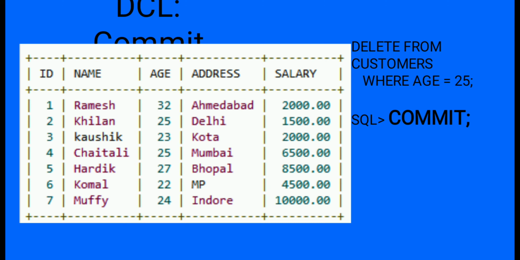And if I use the commit command, then it is permanently deleted from the table. We cannot roll back once you use the commit command. So that command we have to use is delete from customers where age equals 25.